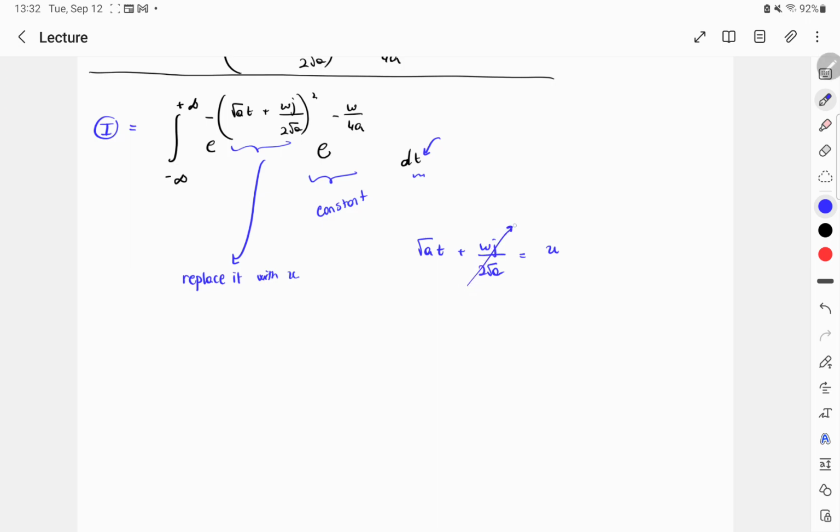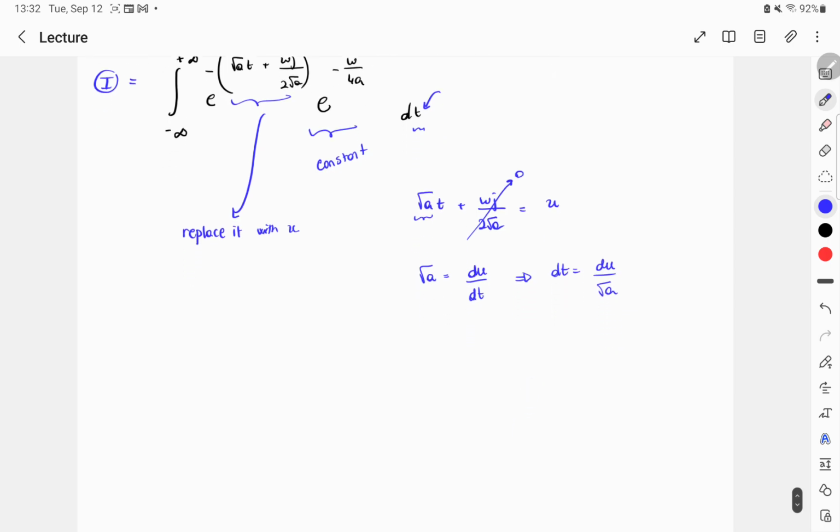This is constant, so it goes to 0, and the coefficient of t is square root of a, so we have just square root of a here, and then the other part we have du over dt. So instead of dt, we will just write dt equals du over square root of a.